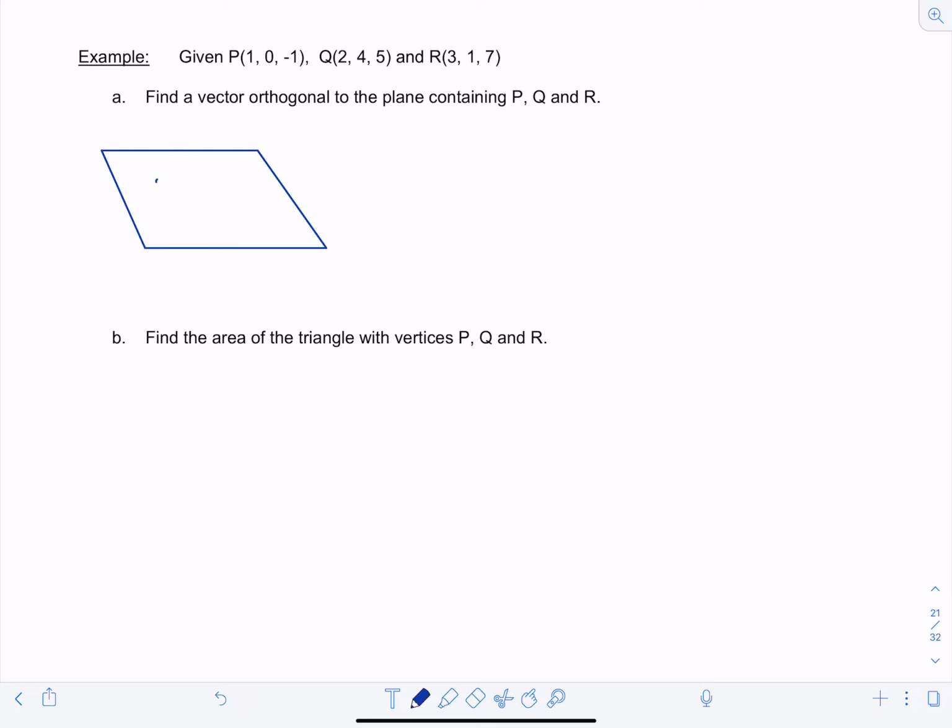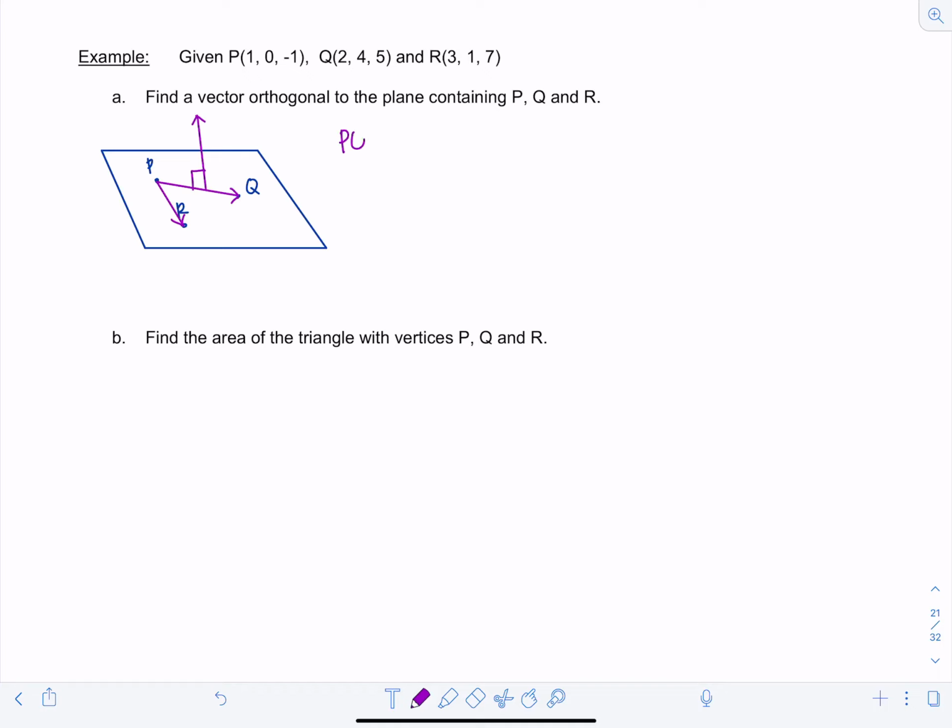And then it contains the points P, Q, and R. And I want some vector that's orthogonal to the plane. Okay, well, how would I find it? Well, what I could do is make two vectors here, PQ and PR, take their cross product, and the result is going to be a vector that's orthogonal to the plane.